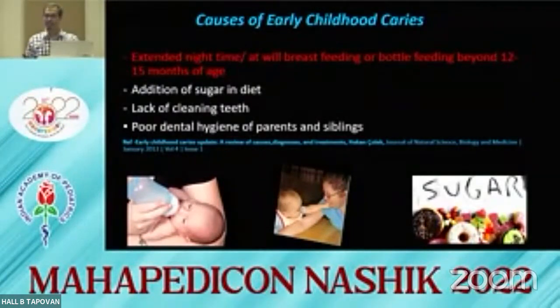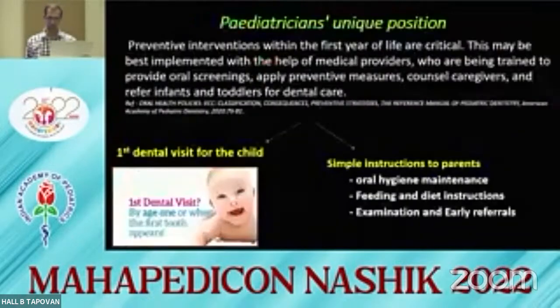Additional factors are sugar addition in the diet, lack of awareness about cleaning teeth, and the poor oral or dental hygiene of the parents. All these factors lead to earlier dental cavitations in children.